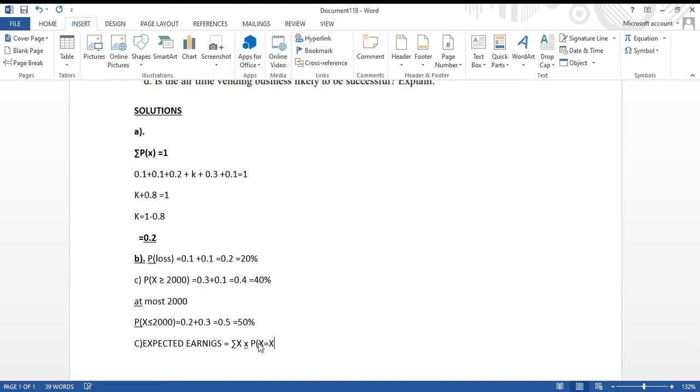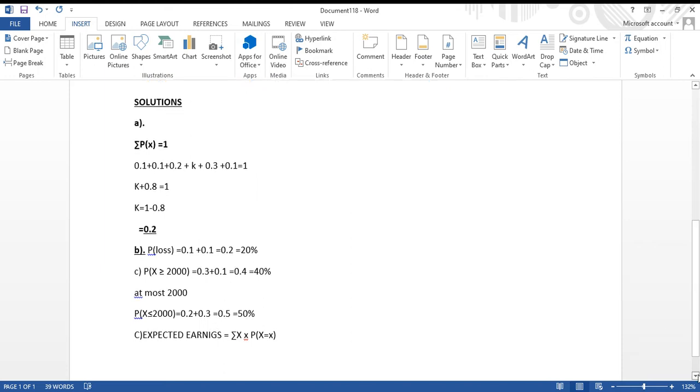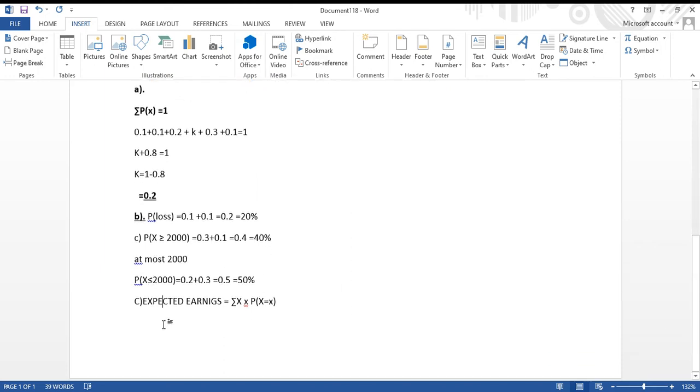Basically, what we're saying here is you're going to multiply each value with its assigned probability and you add them. Okay, so let me just bring this table here.